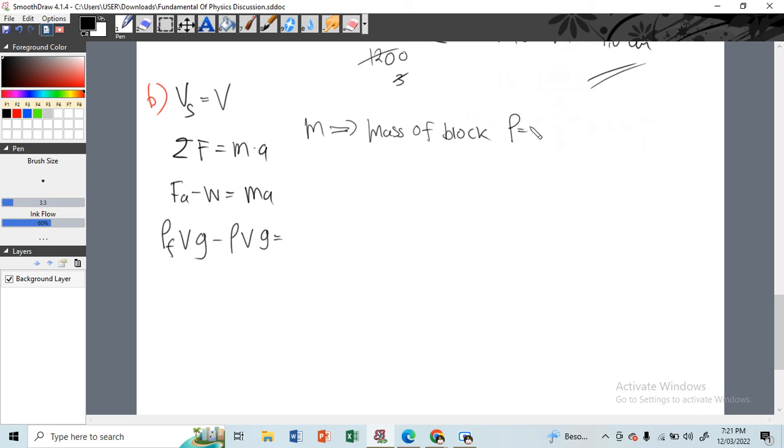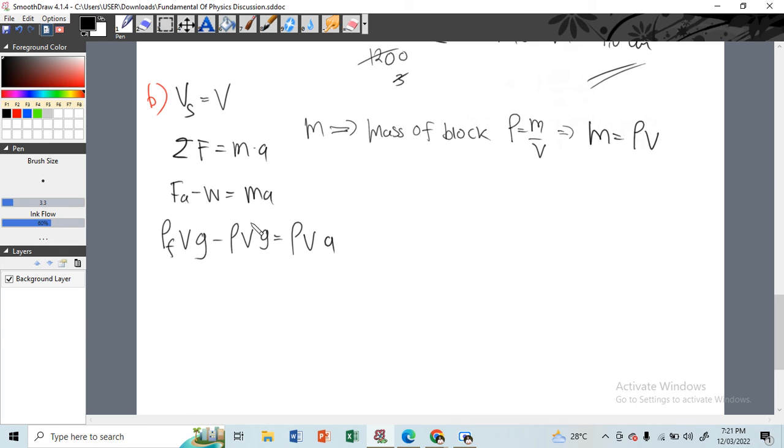Now we know that rho is equal to m divided by V, so we can conclude that m is equal to rho times V, the density times the total volume. So we could change the equation to rho V times a.